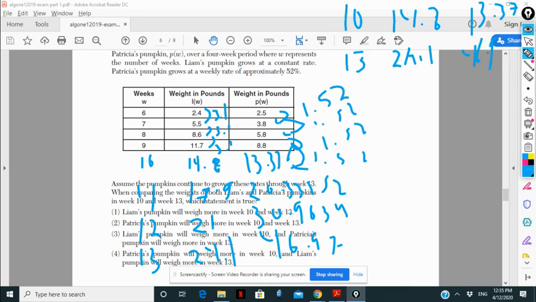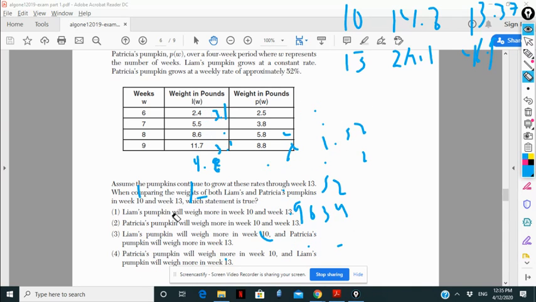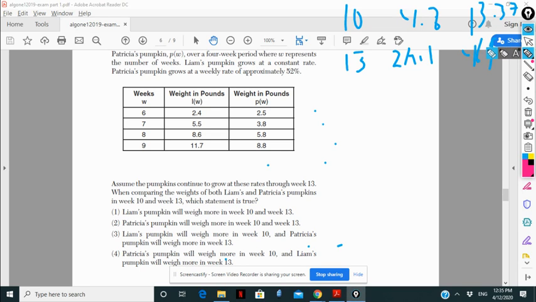Now I'm going to read all these statements and start to talk. Lima's pumpkin weighs more in week 10 and 13: 10 is correct, but 13 is incorrect.